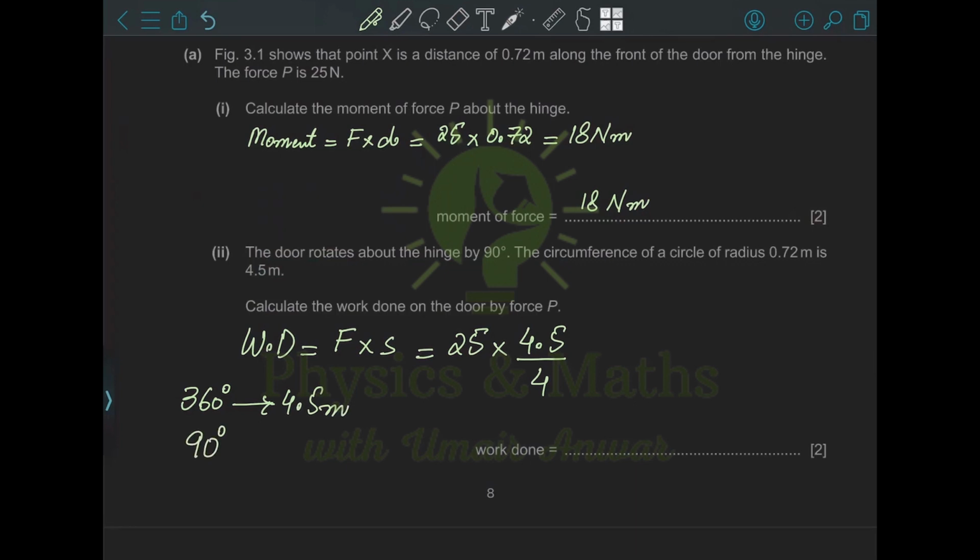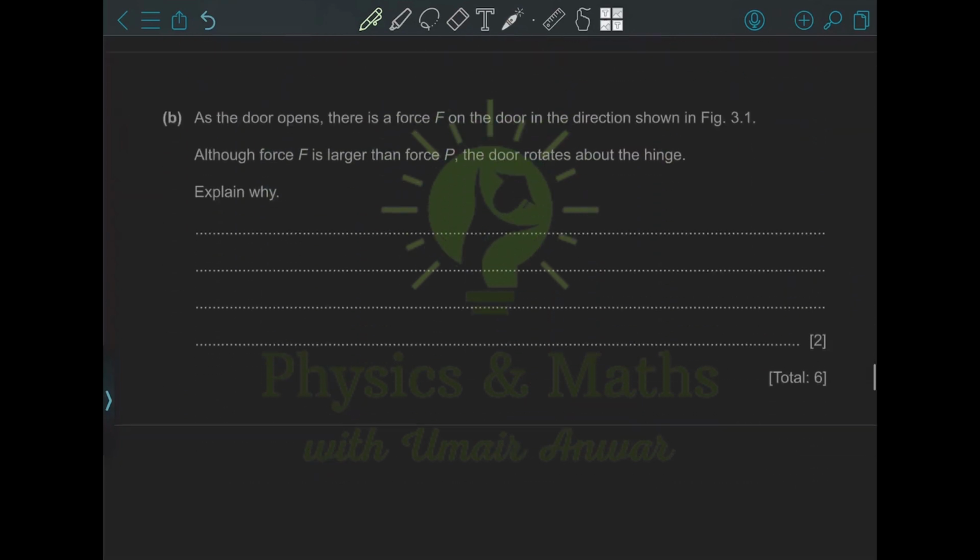When we travel 90 degrees, which is 1/4 of the 360, then the distance would also be 1/4 of 4.5 meters. So the answer here is a value of 28.125. So when we express this answer in 2 significant figures, we would be writing 28 joules for this part.